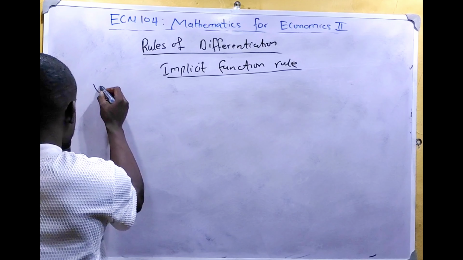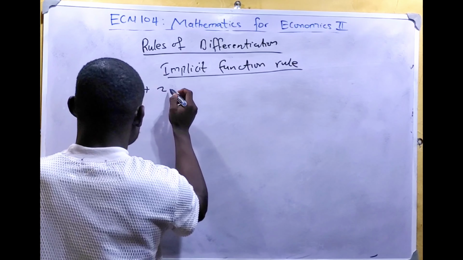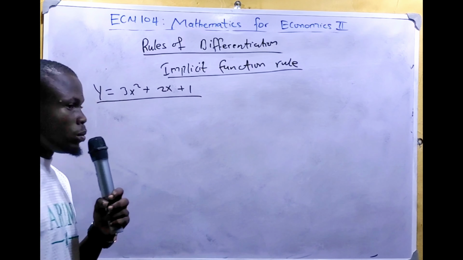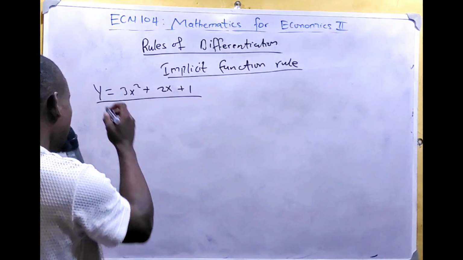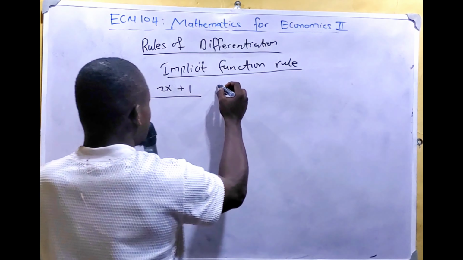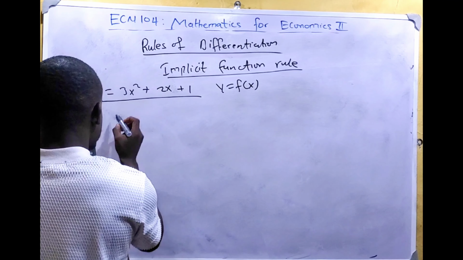If you have a function such as y equals 3x squared plus 2x plus 1, this is an explicit function because it clearly shows that y is the dependent variable. That is, it is clear here that y is a function of x.